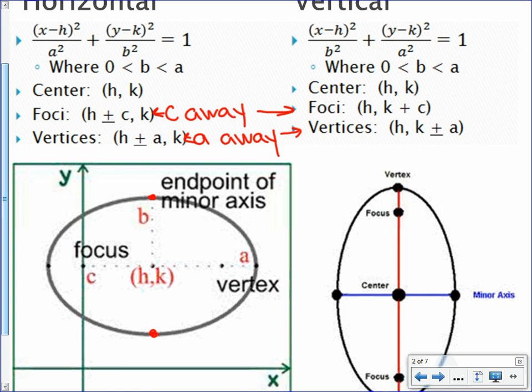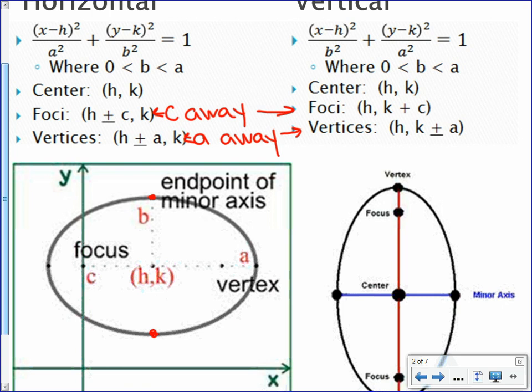Is anyone wondering what the heck C is? Good, I'm glad you asked. In our standard form equation, you see an A and you see a B. You see h and k, but you do not see a C. I have an equation for you to find C, and I'm going to show you how we got the equation.